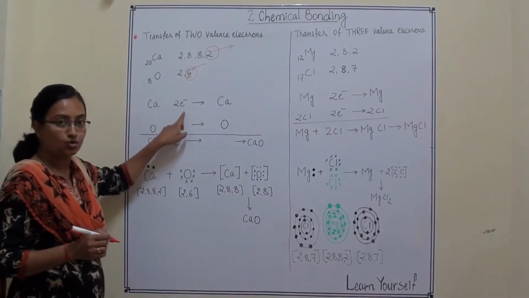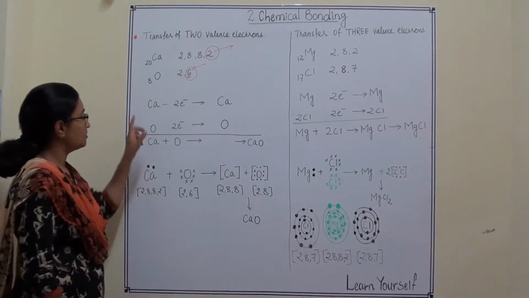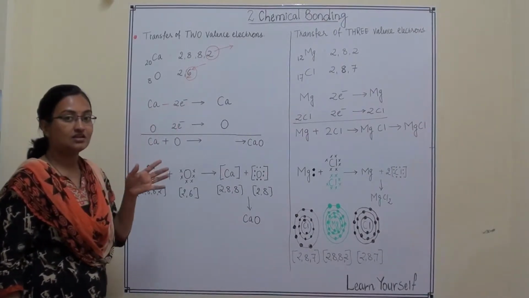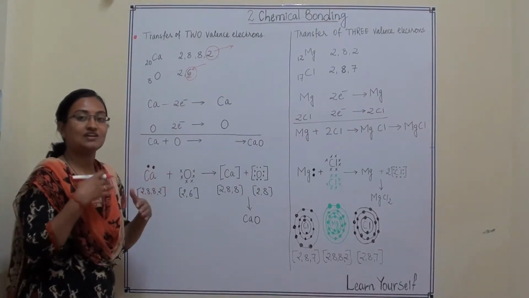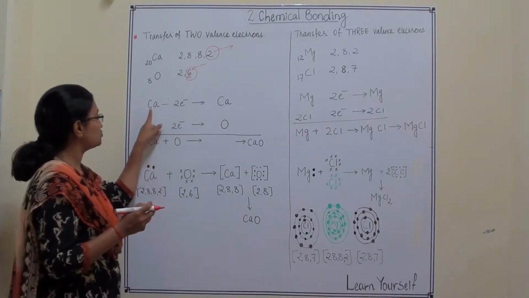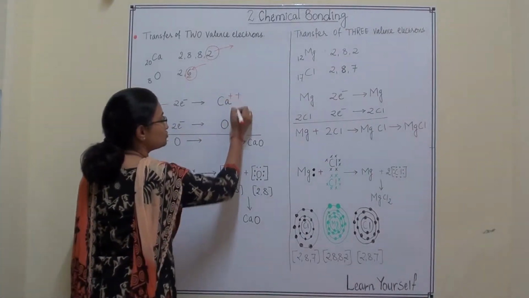Calcium will donate 2 electrons, so it will become positive because it is losing 2 electrons. As discussed earlier, as many electrons as they lose, that many charge they will gain. So calcium is losing 2 electrons, so it will gain a plus 2 charge.